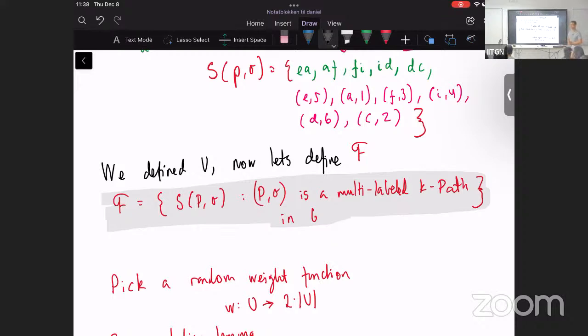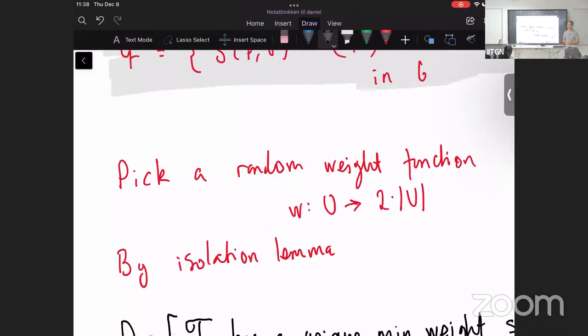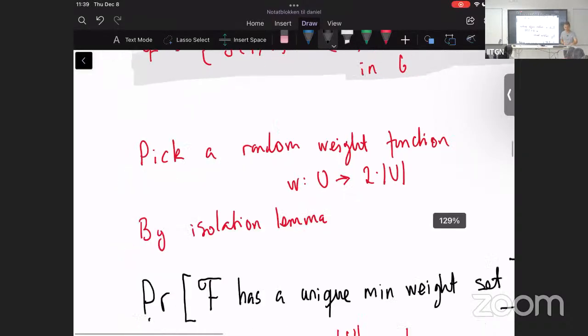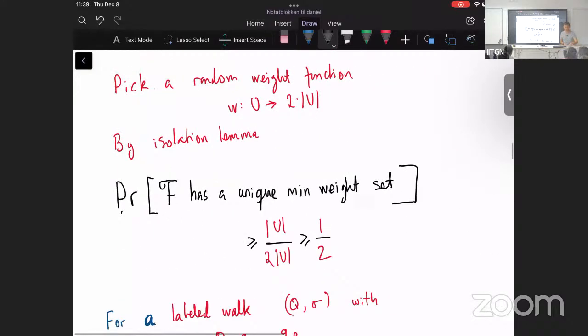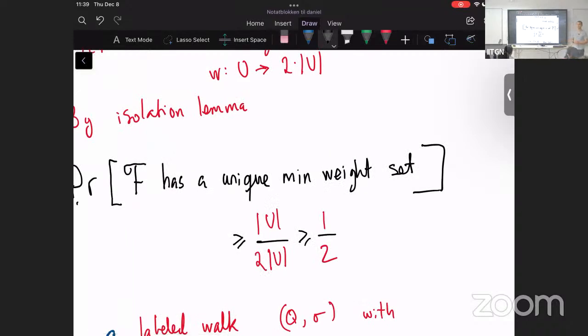So it's the set of all S of P sigma for multi-labeled paths P sigma in G. We apply our isolation lemma. We pick a random weight function from the universe to 2 times the universe, and therefore by the isolation lemma, the probability that F has a unique minimum weight set is at least 1/2.